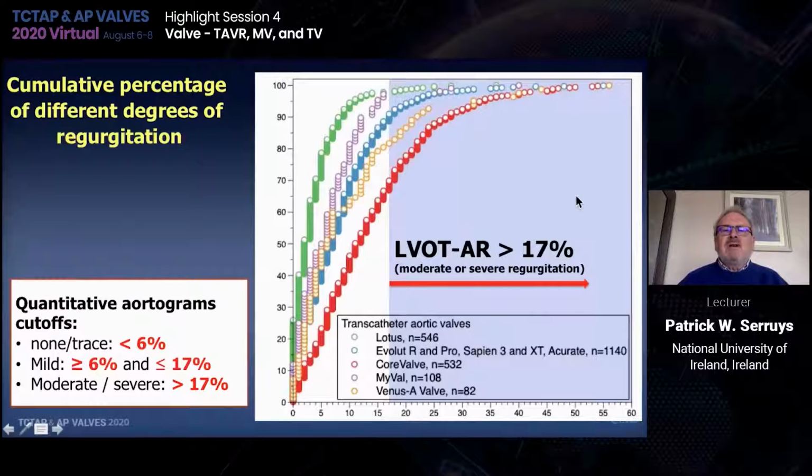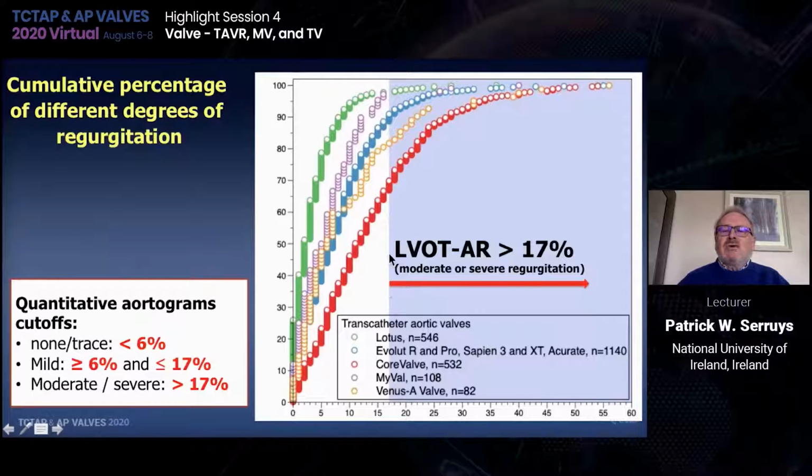This is basically the result. What you see here is the cumulative curve of the percentage of regurgitation, going here at the bottom from 0 to 60%.